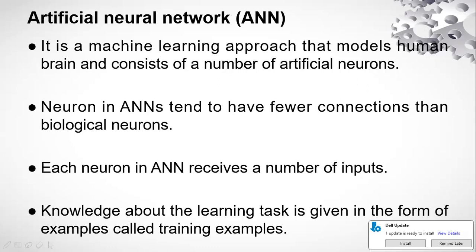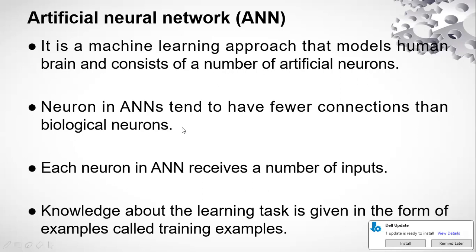The human brain is a highly interconnected network of neurons, but in artificial neural networks there are fewer connections compared to biological brains, because we are just mimicking it.